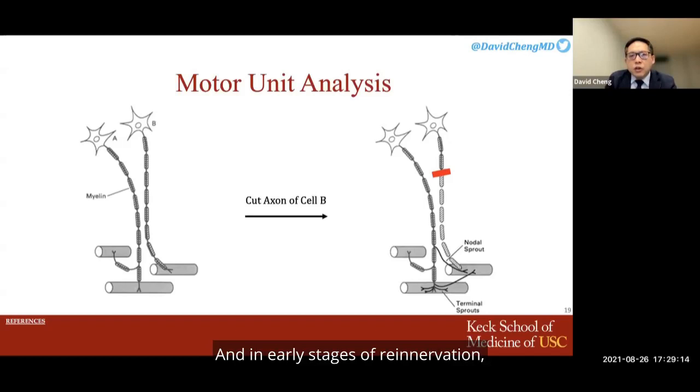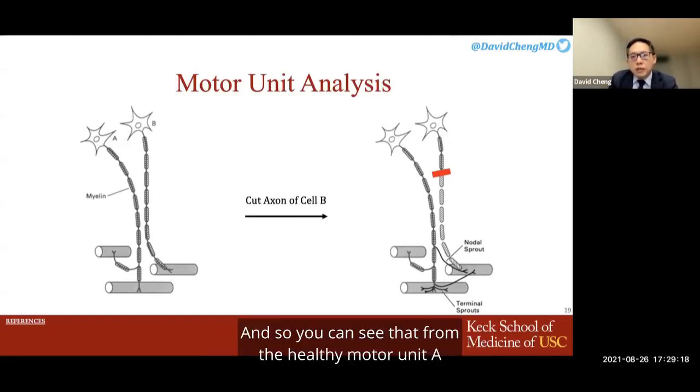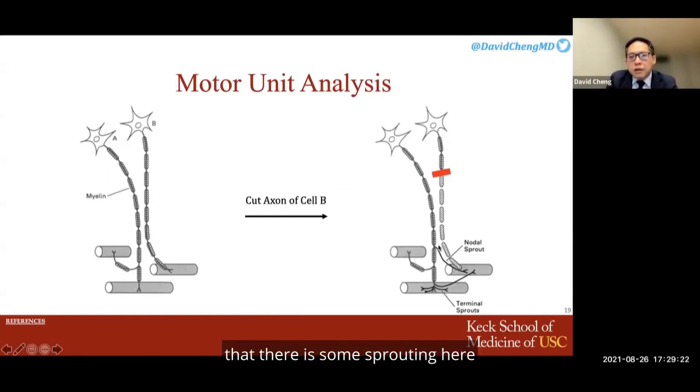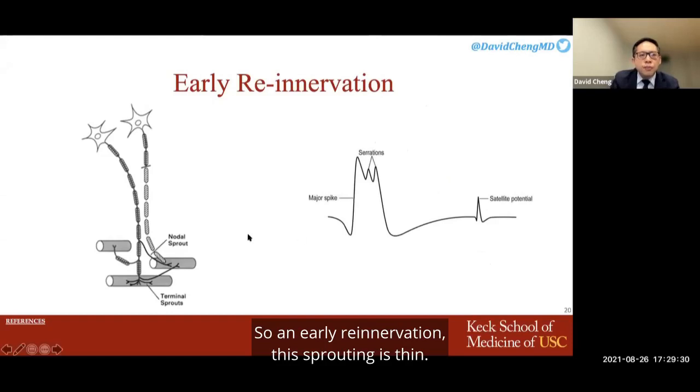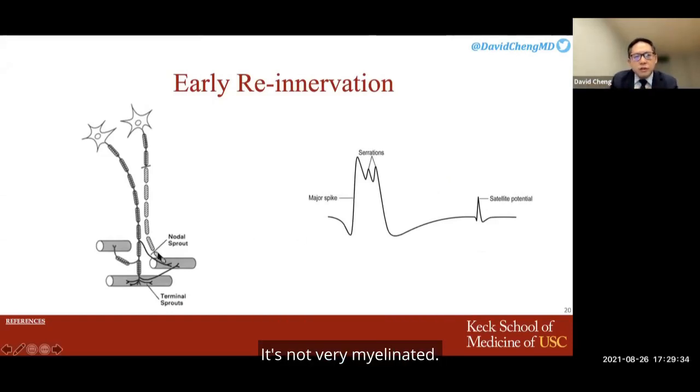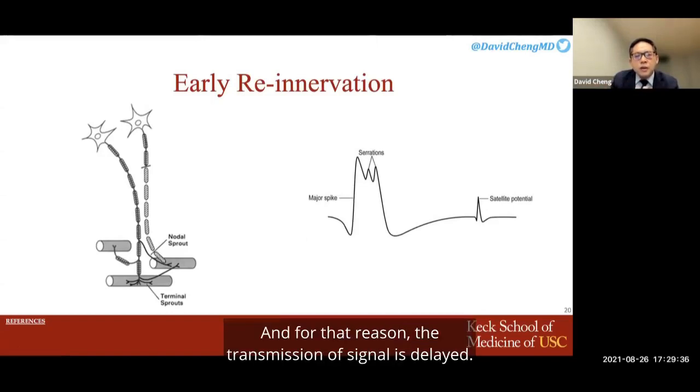In early stages of reinnervation, you will see sprouting. You can see that from the healthy motor unit A, there is some sprouting to the affected axon, axon B. In early reinnervation, this sprouting is thin, it's not very myelinated, and for that reason, the transmission of signal is delayed.